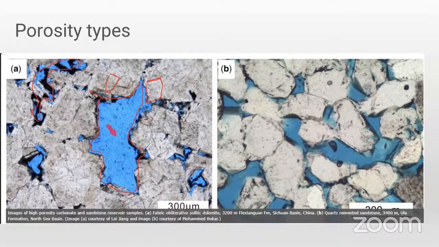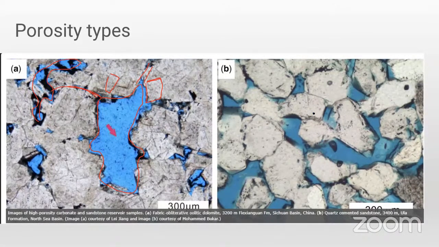But in some parts we have those connections. Because dolomite is more brittle than calcite, most of the time we have some sort of microfracture or fracture in dolomites, and because of that they connect the porosity together.